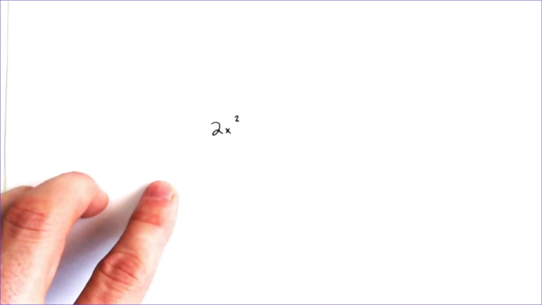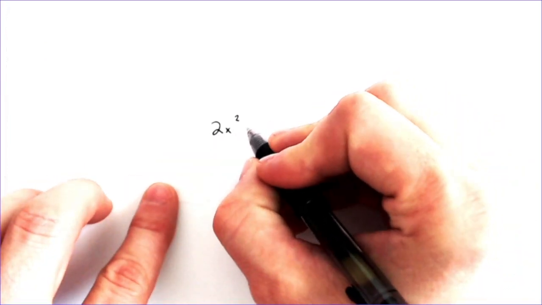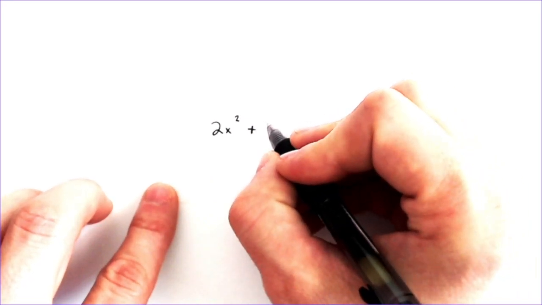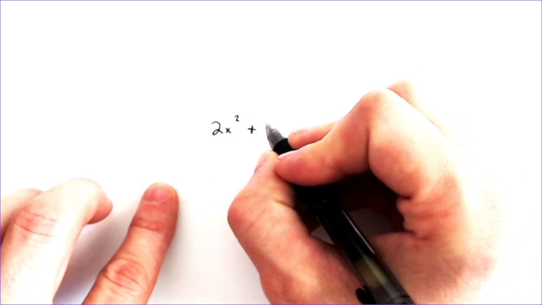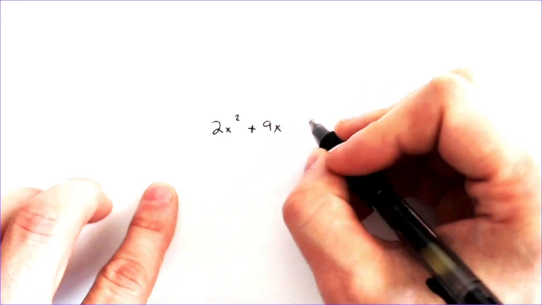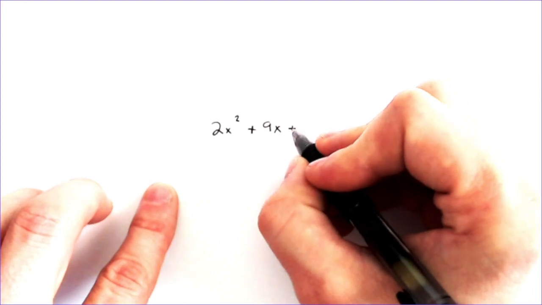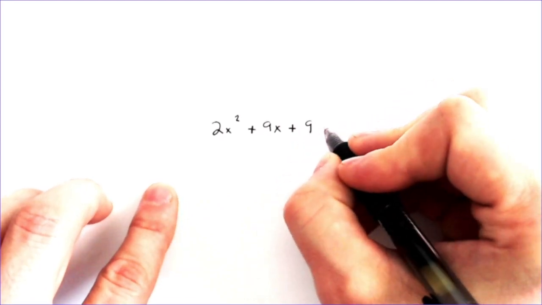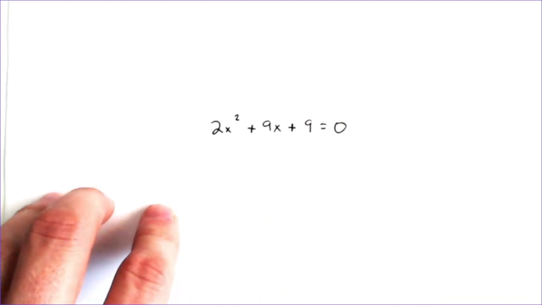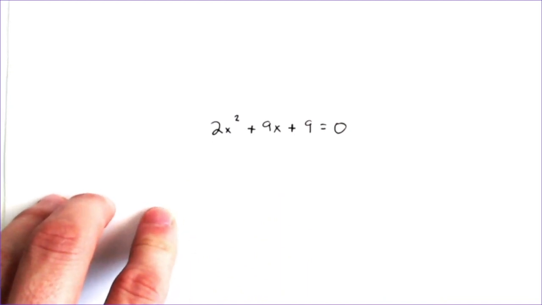And I'm going to do plus, let's go with 9x plus 9. And I'm still going to solve. I'm still going to say it equals 0. So now it's a little different.